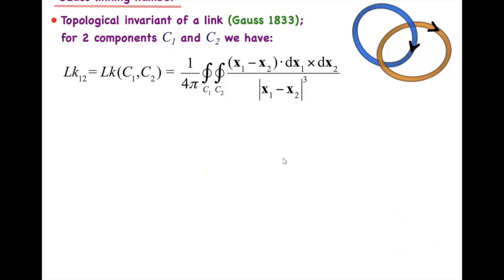Then you take this quantity and divide by the modulus, and so you have a triple integral of a product of a unit normal, because you divide by the mod of x1 minus x2, times the surface with a unit vector, and there you have a square now. 4 pi r squared is the surface of a sphere of radius r. So you have a contribution of a spherical part divided by a sphere.